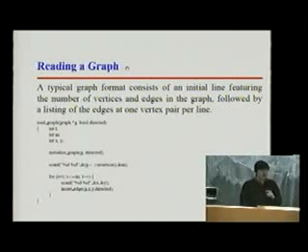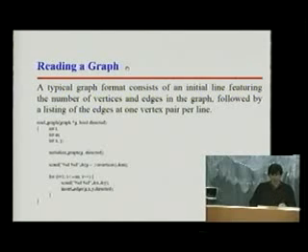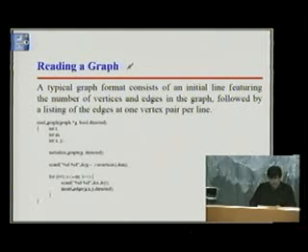How do I read a graph? Typically a graph representation, you have to read it in from a file. How might you store a graph in a file? A common way to do it might be to say, here's vertex 1 is adjacent to 3, vertex 1 is adjacent to 5, 2 is adjacent to 3, 3 is adjacent to 1, and so on.